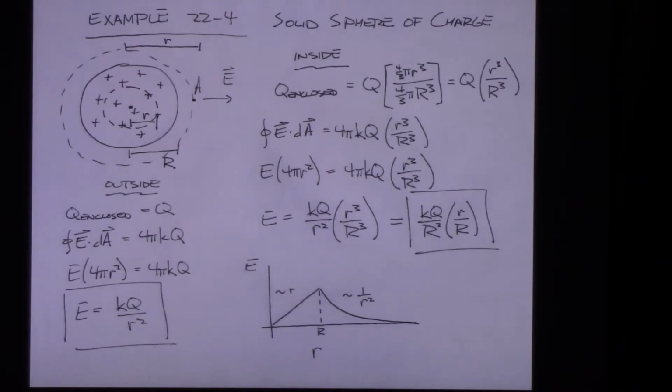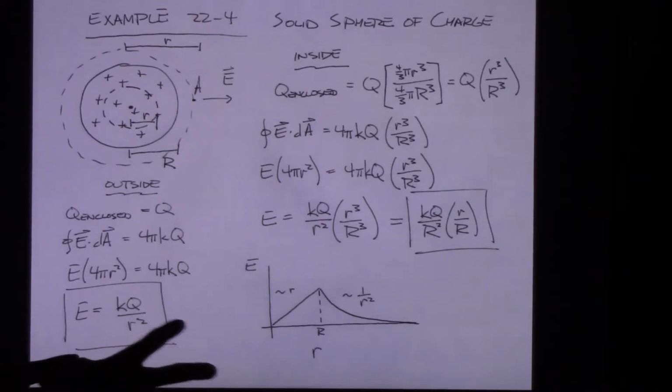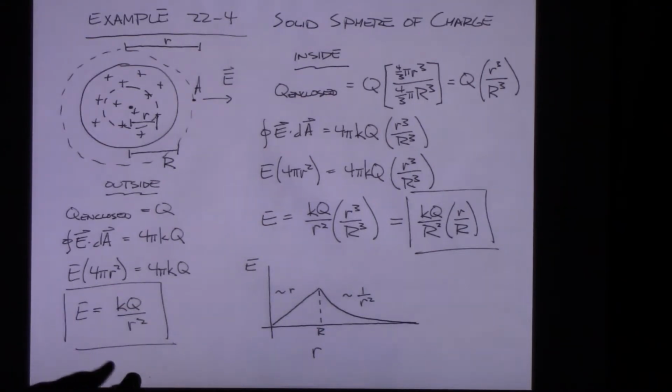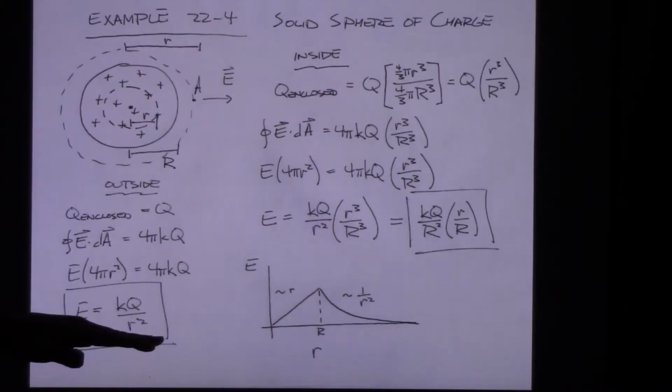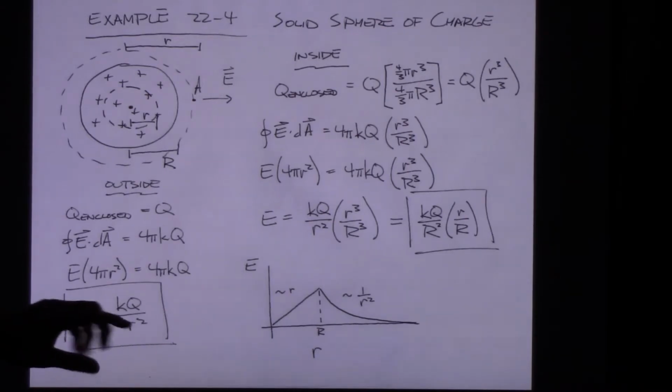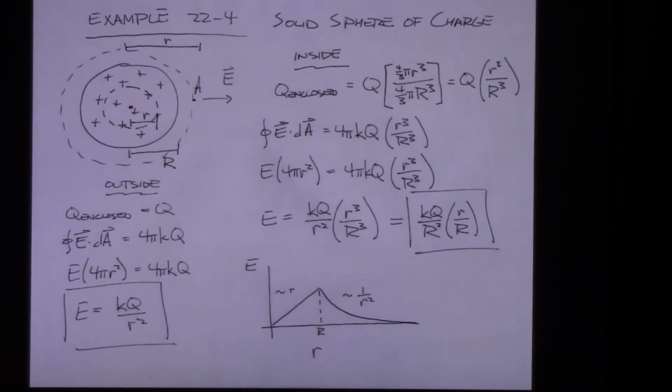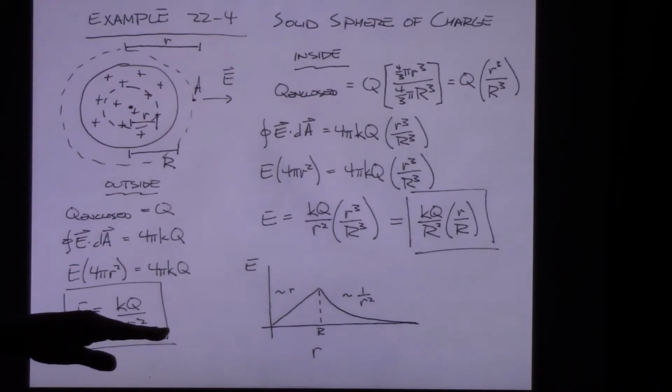So whether it's a point charge, a sphere full of charge, or a shell, any spherical distribution of charge will give me an electric field kq over r squared, where q is the amount of charge and little r is a distance that takes us to a point outside the charge. As long as we're outside the charge distribution, this is going to be the formula.